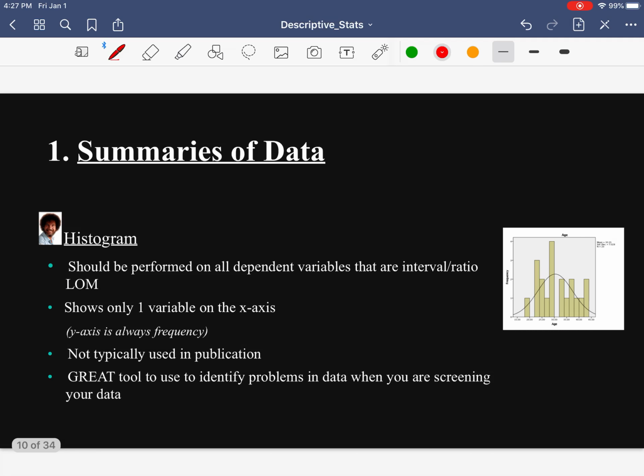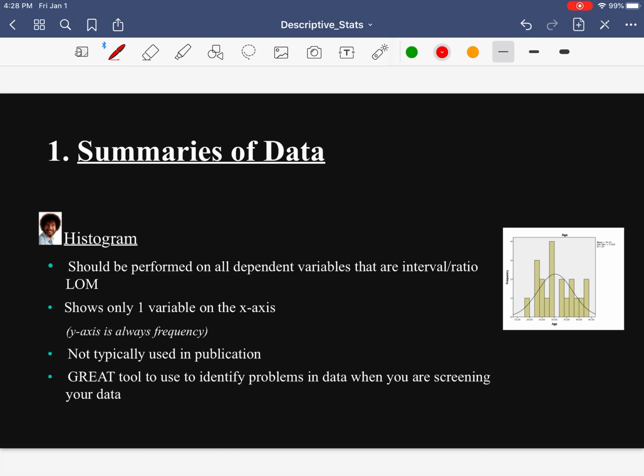Now we also have a histogram. And this might be something that you're not familiar with, but once you start to perform some research studies, this is something that's going to become your friend. And listen, I'm not too shy to say that histograms are important, and they've been my friend many a time.